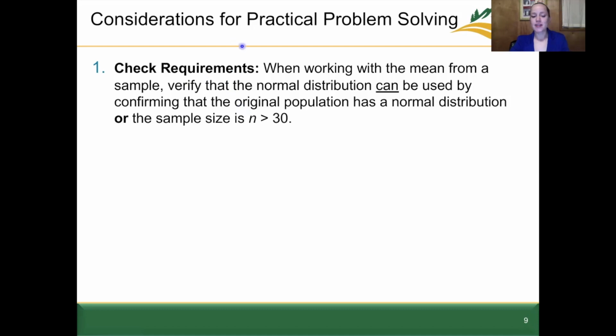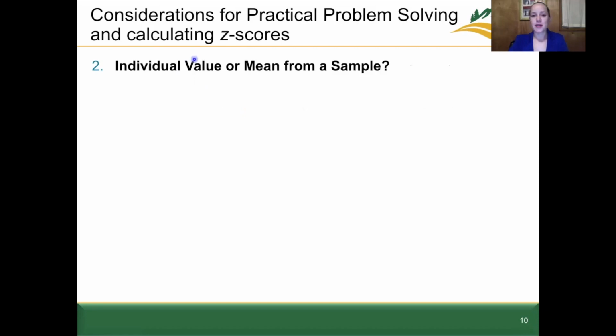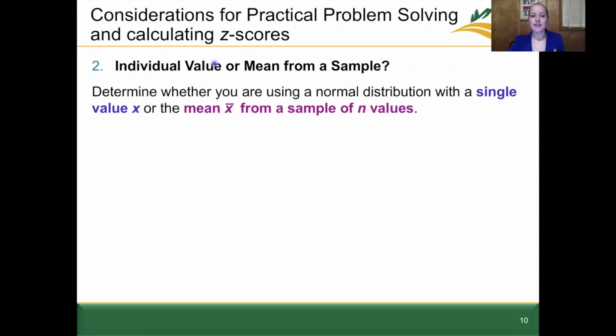After considering this, does our data fulfill these requirements? We can also consider this: are we dealing with an individual value or a mean from a sample? Determine whether you are using a normal distribution with a single value of x or the mean x bar from a sample of n values.